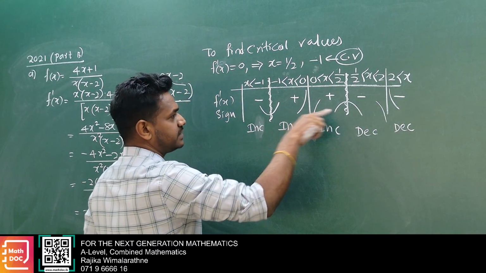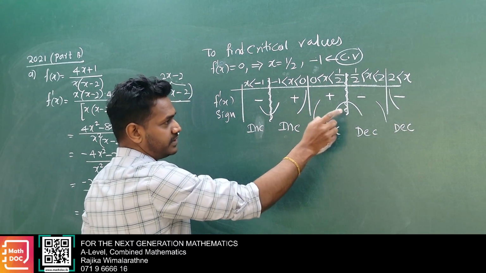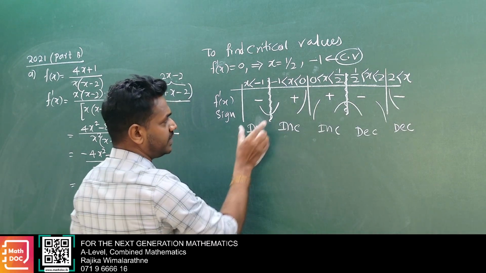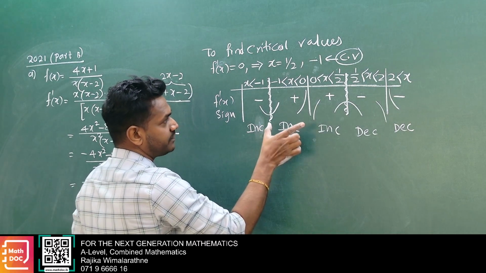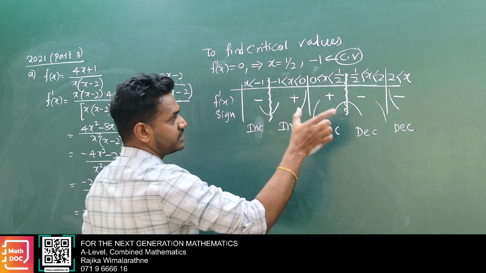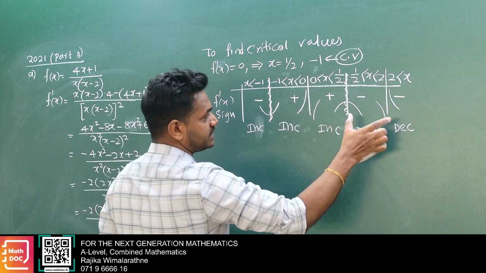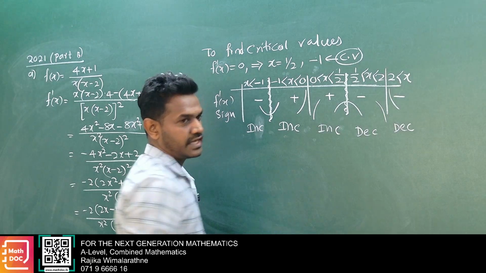Increasing regions: minus infinity to half, but we have to split it: minus infinity to minus 1, minus 1 to 0, 0 to half. Decreasing regions: half to 2, and greater than 2.